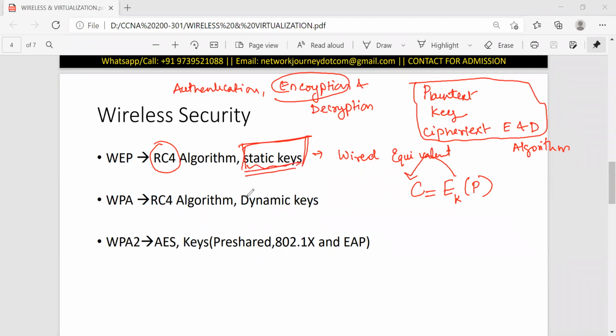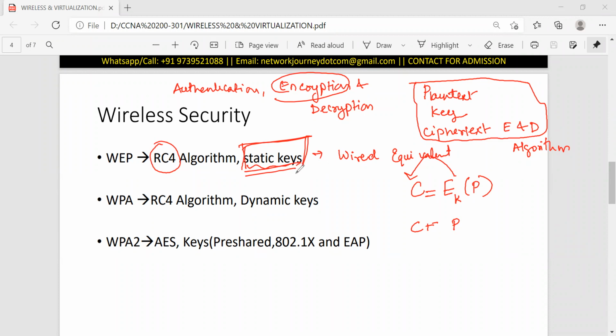WEP makes use of static keys, which means that for every communication happening in the network, the key remains the same. So it is possible that your attacker can make a database of corresponding ciphertext and plain text pairs, and try brute force to get the key. When we talk about security, the key is a very, very important parameter, because if the key gets compromised, your entire security is at risk.